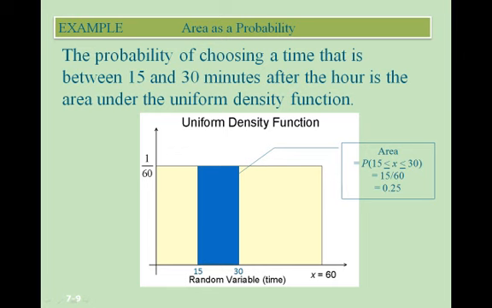And the height is 1 over 60. So we'll multiply 15 times 1 over 60 to get 15 over 60, which reduces to 0.25. So the probability of choosing a time between 15 and 30 minutes after the hour is 0.25.